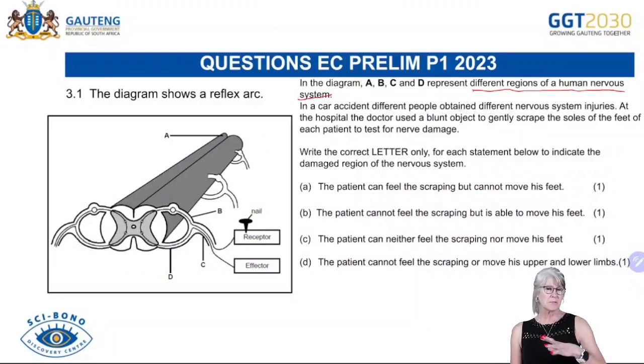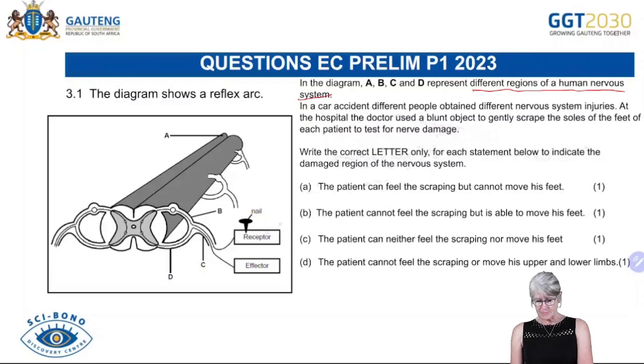So there were different parts of their nervous system that were damaged. So at the hospital, the doctor used a blunt object to gently scrape the soles of the feet of each patient to test for nerve damage. Write down the correct letter only. So you only have to give the letter. You don't need to name the part. For each statement below to indicate the damaged region of the nervous system.